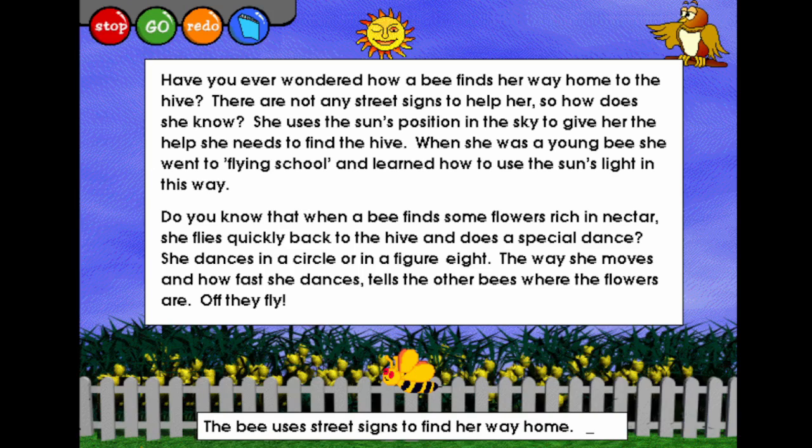Read the sentences. Type T if the sentence is true, or F if the sentence is false.